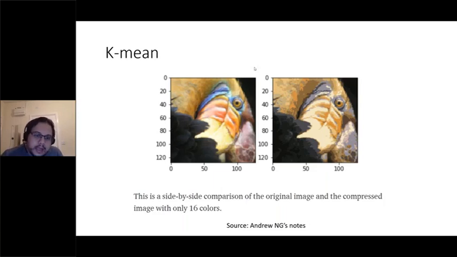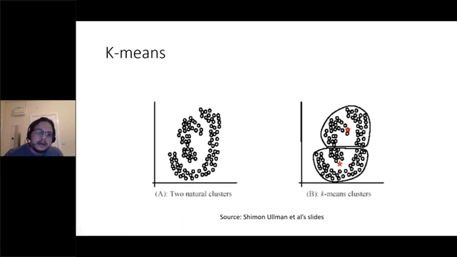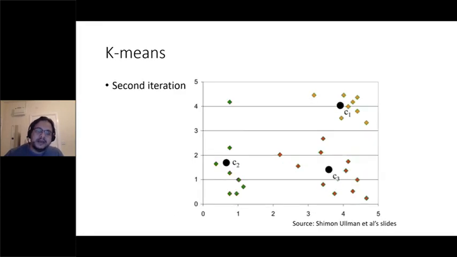Now, let's look at the optimization properties of K-means. K-means is trying, like I said, to minimize the distance between the data points that belong to a cluster and the centroid. It minimizes the sum.